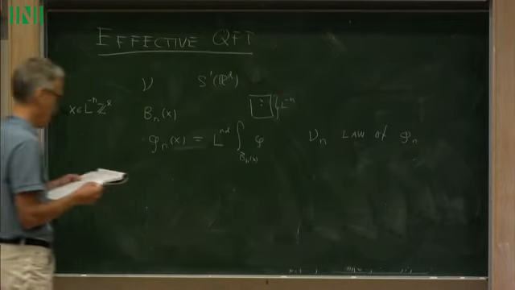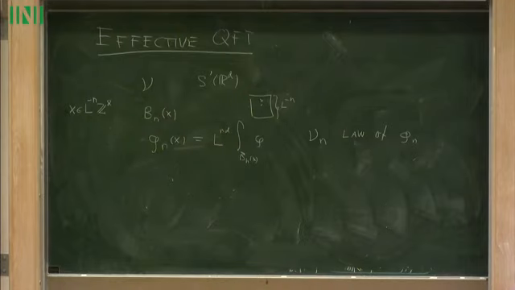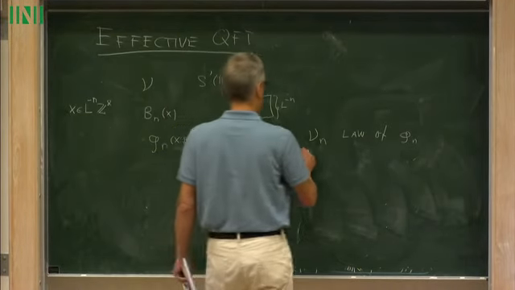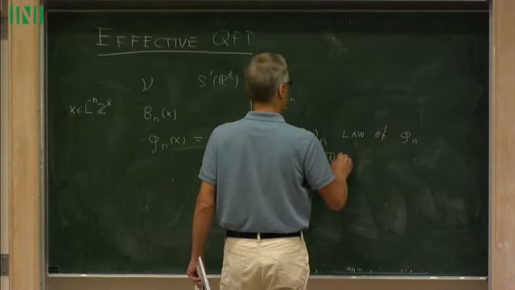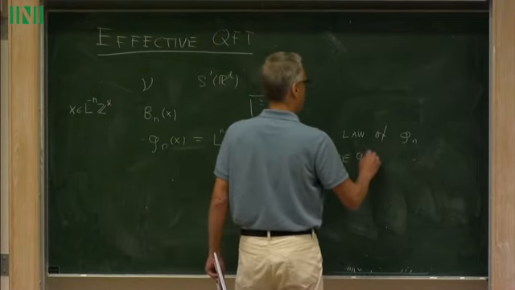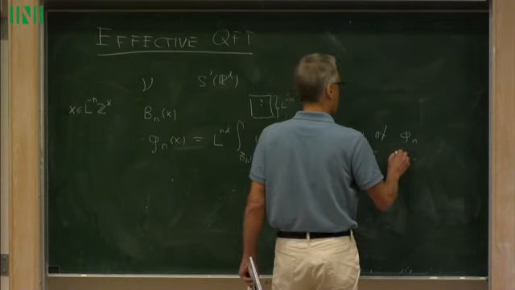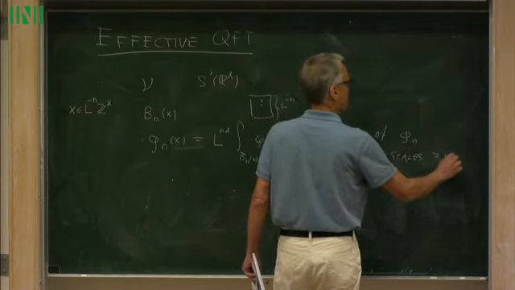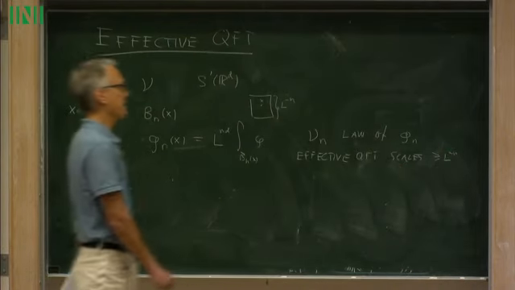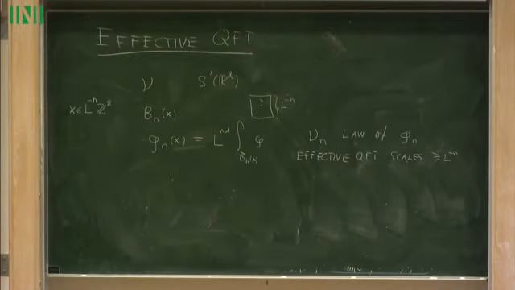So this we call the effective quantum field theory on scales bigger than or equal to L to the minus n. So you forget everything that happens in the short scales.